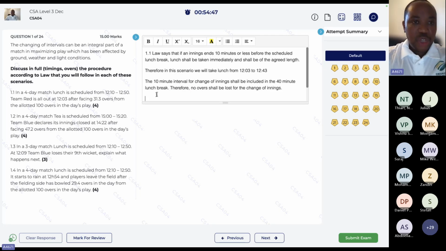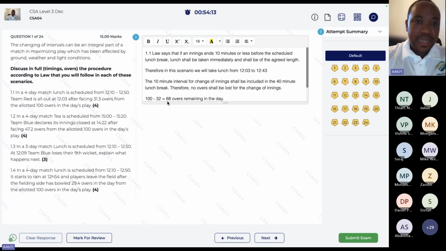Whenever there's a question with overs noted in the question, then we need to mention how many overs are left in the day. So 100 minus 32 is equal to 68 overs remaining in the day.